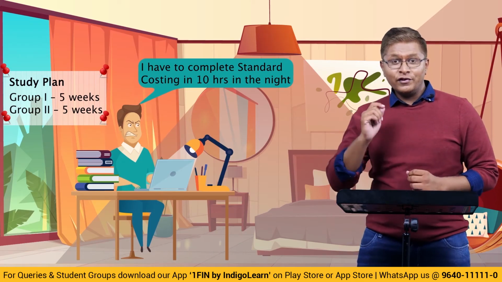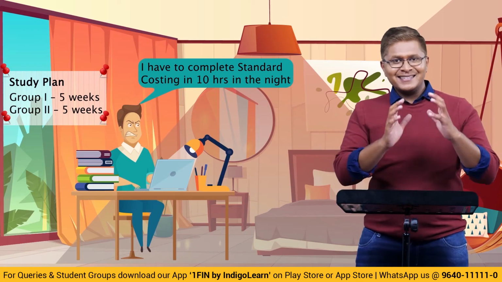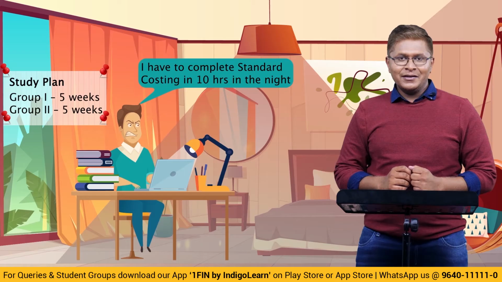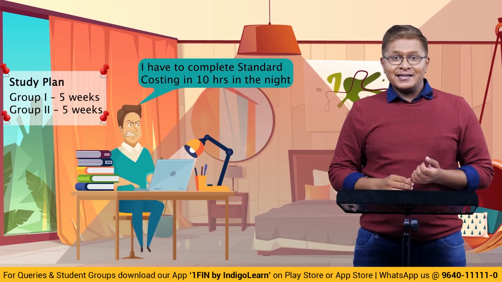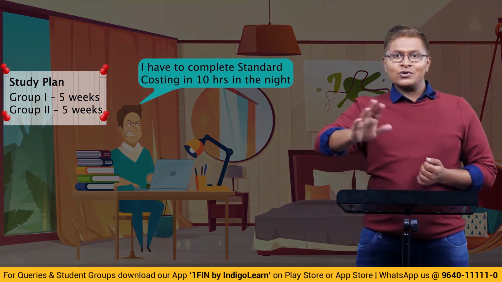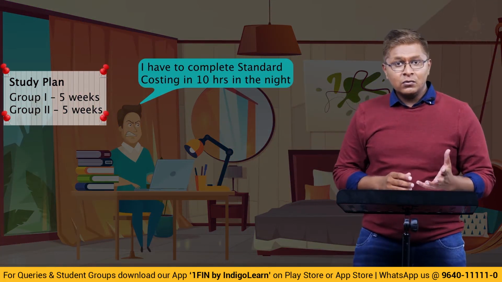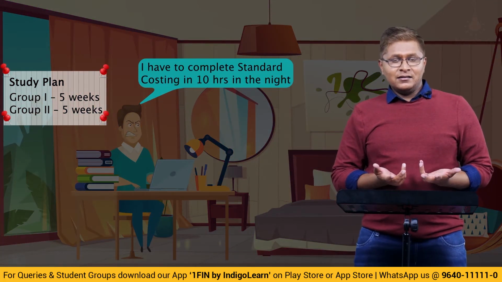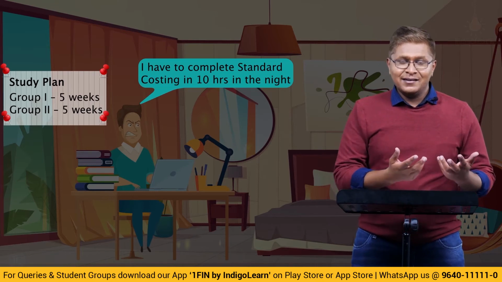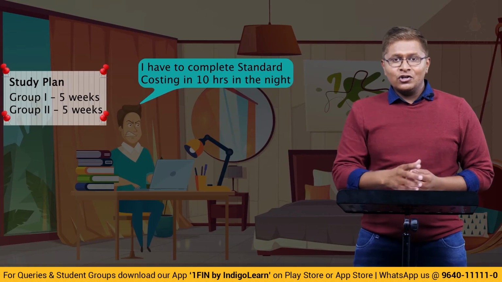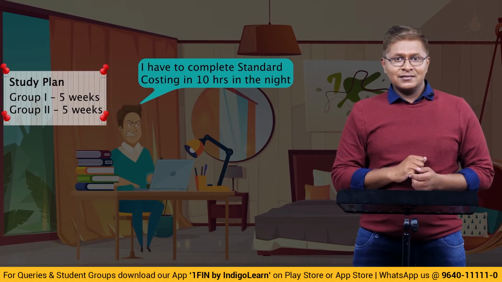Now you start off with full energy, excitement and zeal to complete the topic. You start studying, and as you study for 1 hour, suddenly the electricity goes away. Now, because the electricity is not there, there is no power and there is no light. Because of there being no current, you are not able to do the studies.